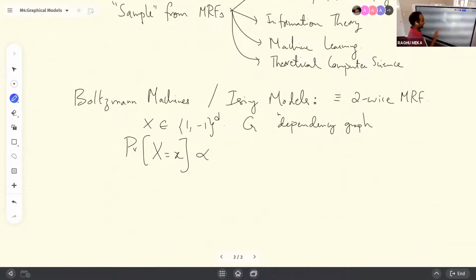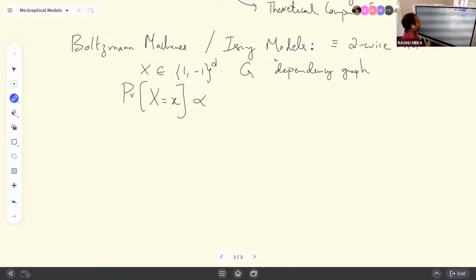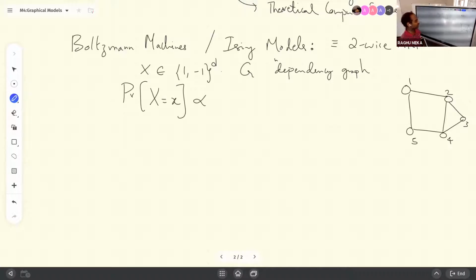Edges. Right? So it's just saying that you have your graph, let's say it's something like this, 1, 2, 3, 4, 5. Then your probability is proportional to functions on the edges, that's all.